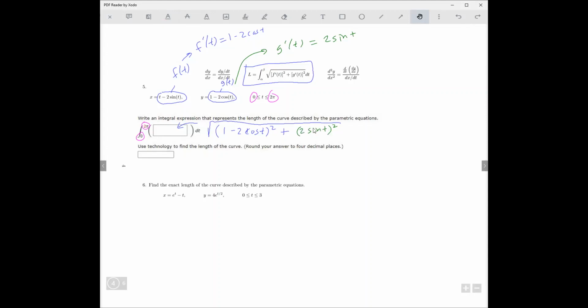Let me do something here, just for putting it into GeoGebra. Okay, let's go ahead and put all this into GeoGebra and see what we get.